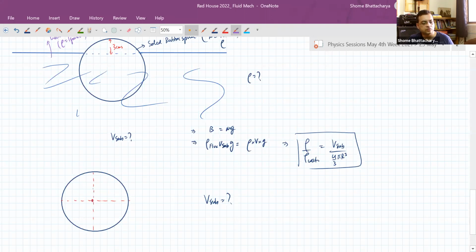So let's say at a vertical distance of y, we will slice a disc like this of thickness dy and radius r. So this is really a disc like this.